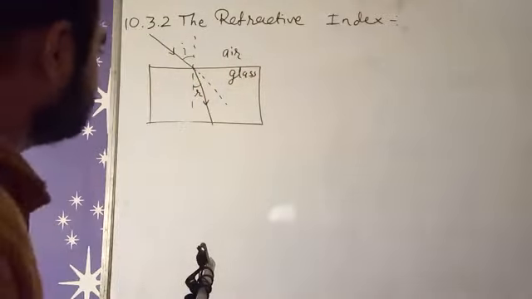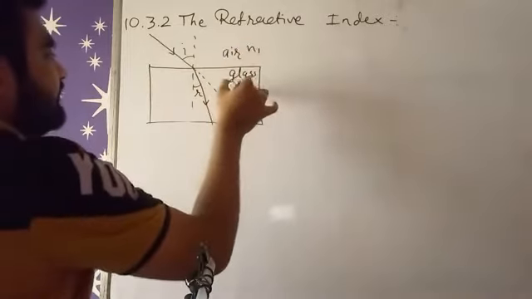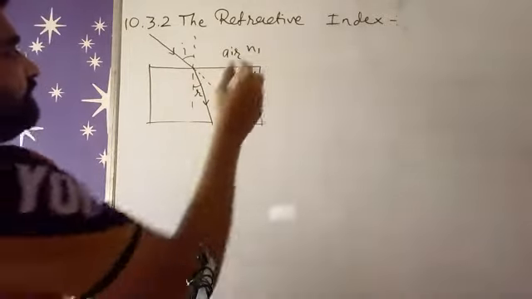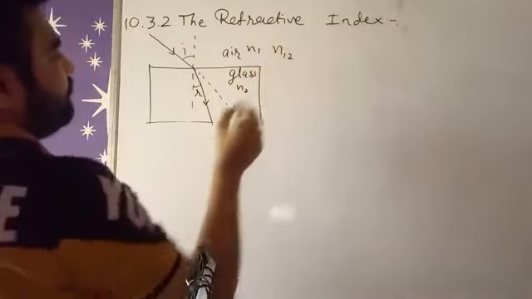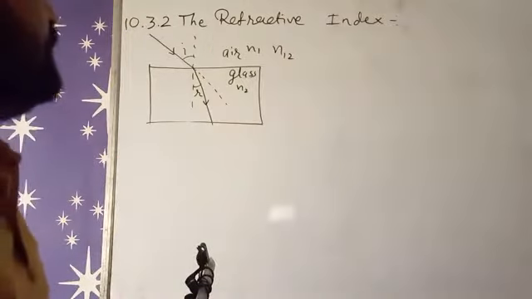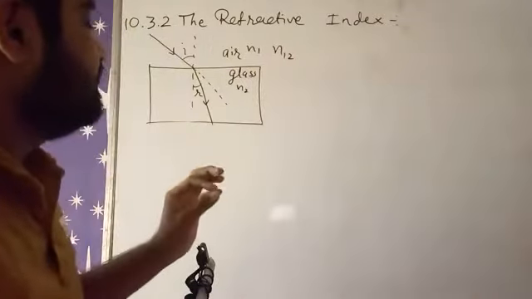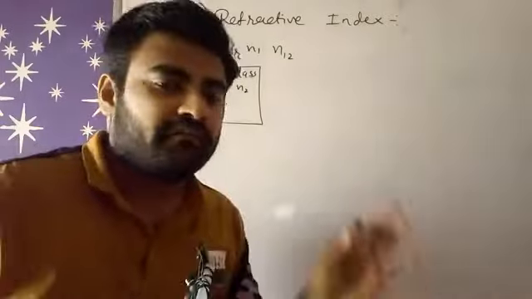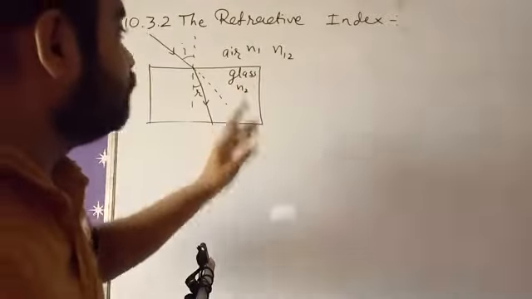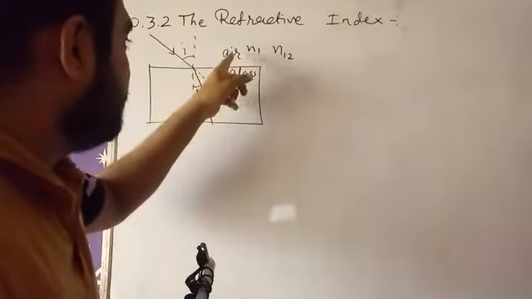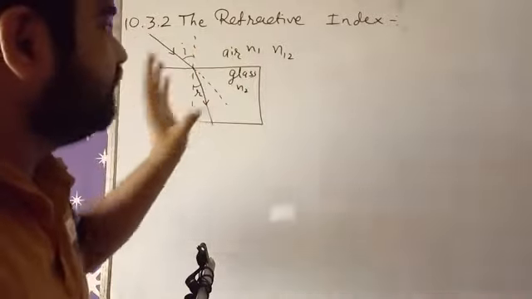So here, if this is N1 and this is N2, how can we write that formula for N12? First of all, this N12 is known as the refractive index of 1 with respect to 2. So the refractive index of air with respect to glass.